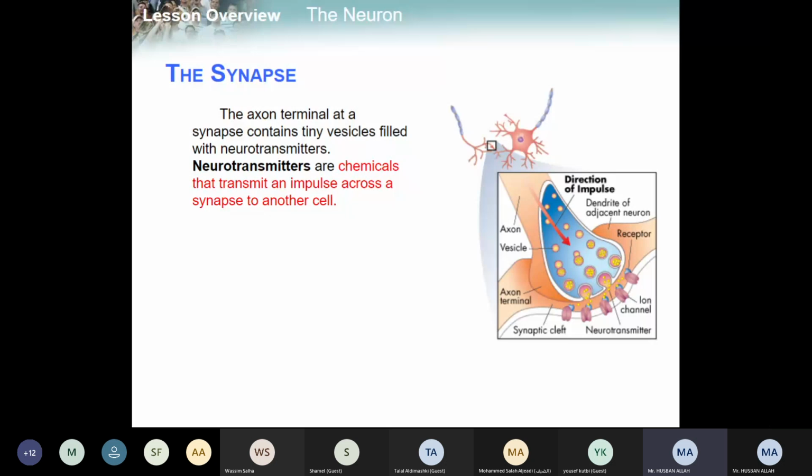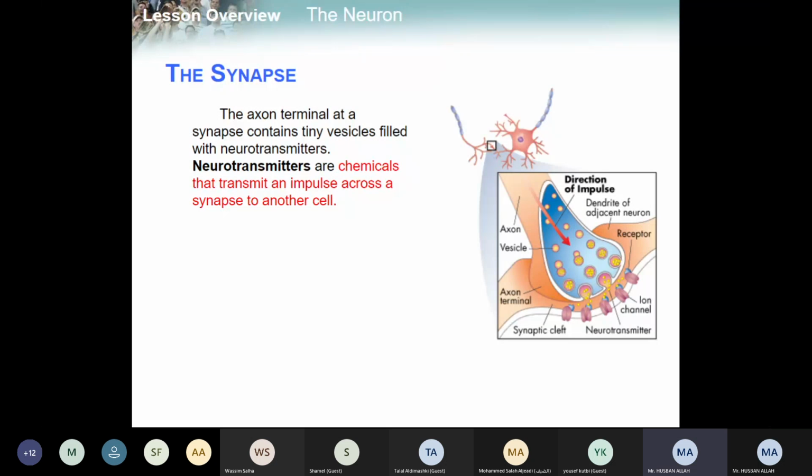The chemicals which are responsible for carrying the impulses from the axon terminal of one neuron to the dendrite of another neuron are called neurotransmitters. These are actually chemicals.